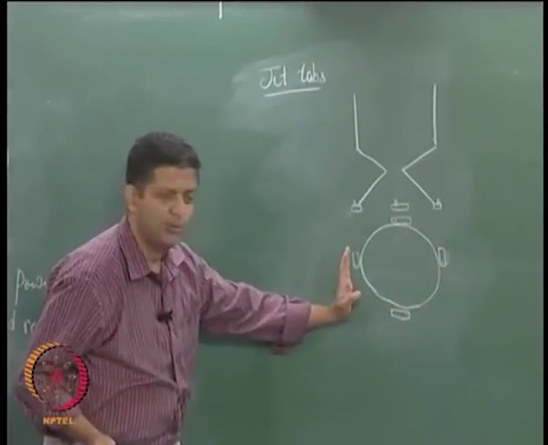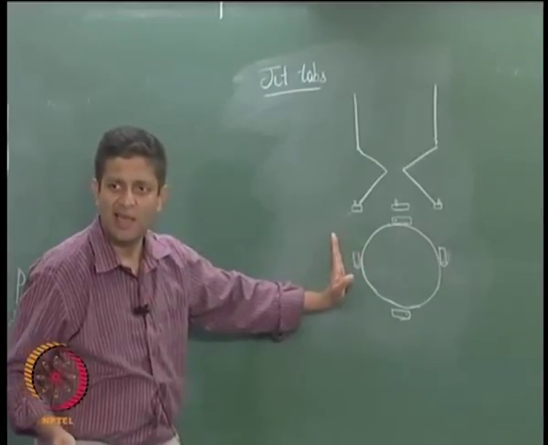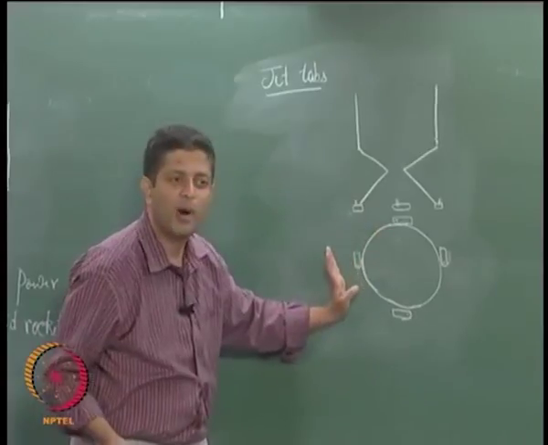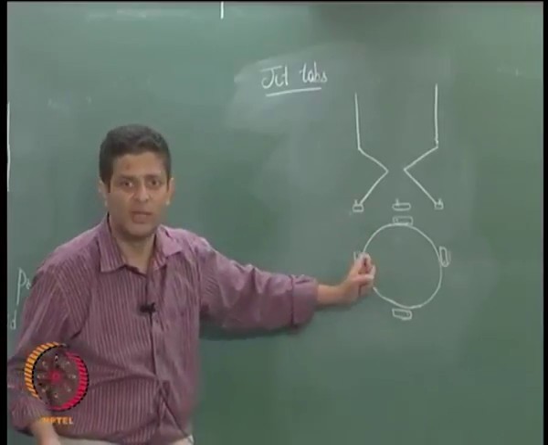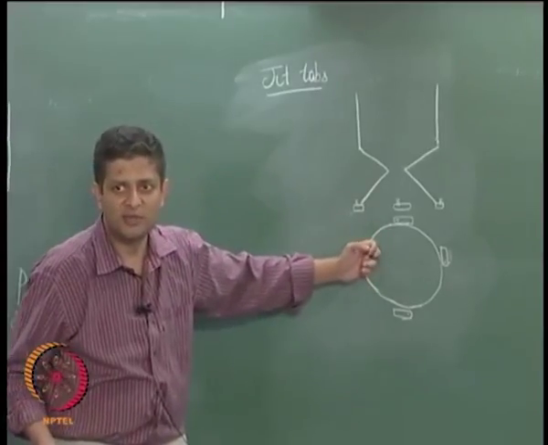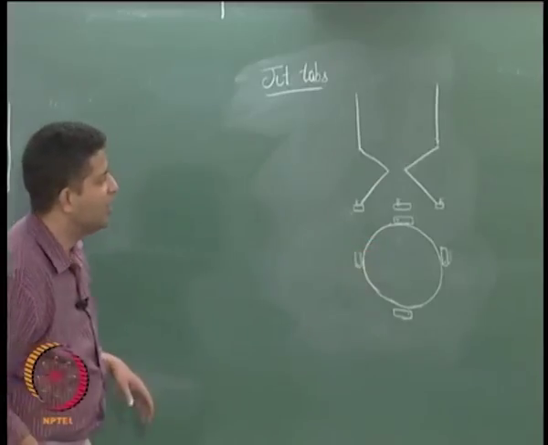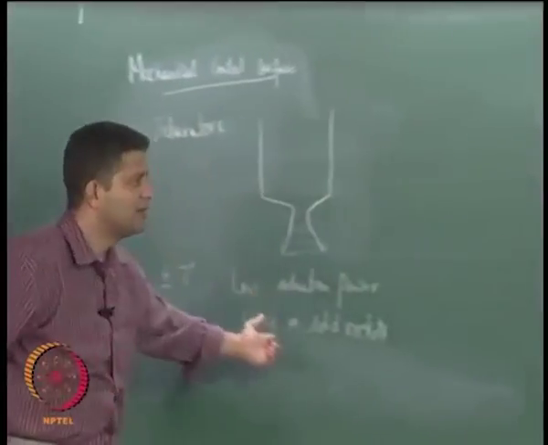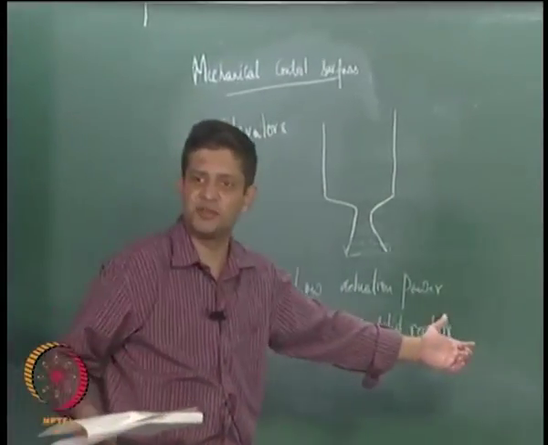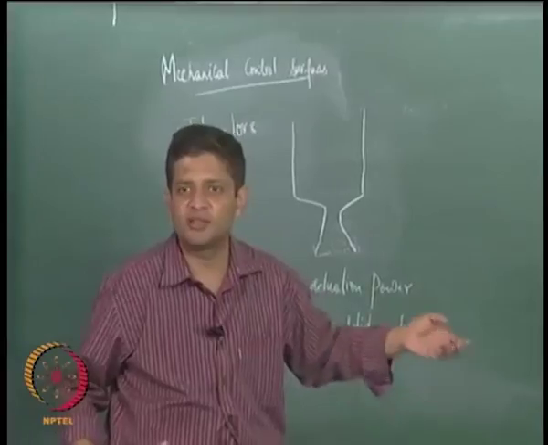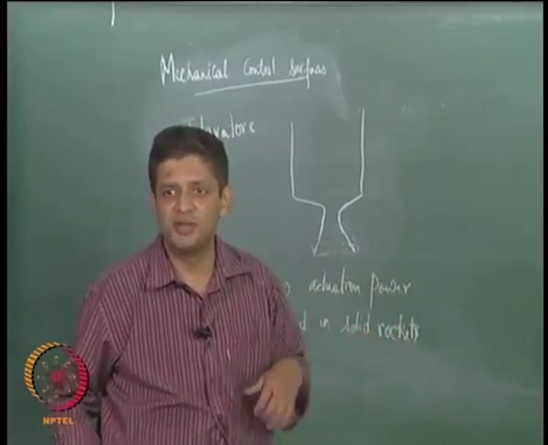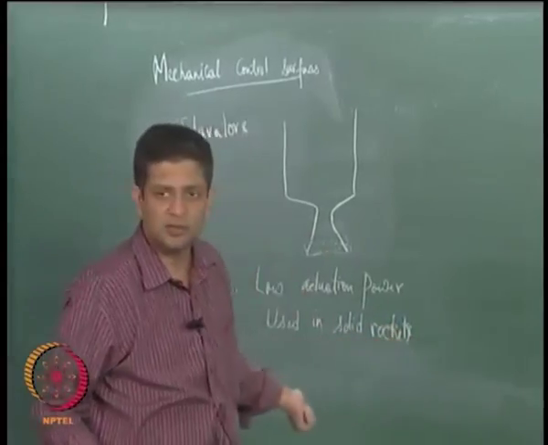Now you could move this into the flow as per requirement, okay, and depending on the amount this obstructs the flow, you will get the thrust force proportional to that, okay. So as such, both these do not obstruct the flow in their normal position. So, they do not add to any loss in their normal operation, but when they are used they will lead to a small loss.